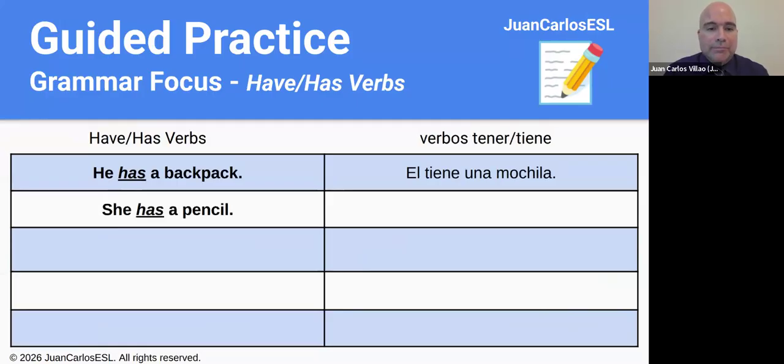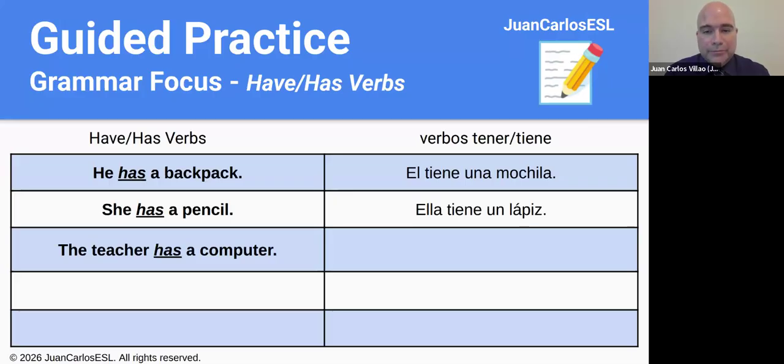She has a pencil. Ella tiene un lápiz. The teacher has a computer. El maestro tiene una computadora.